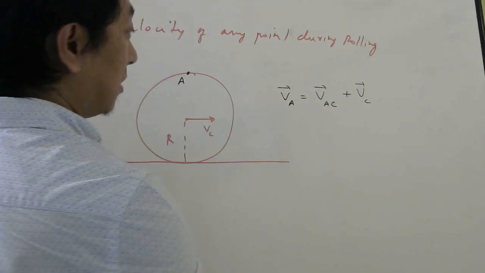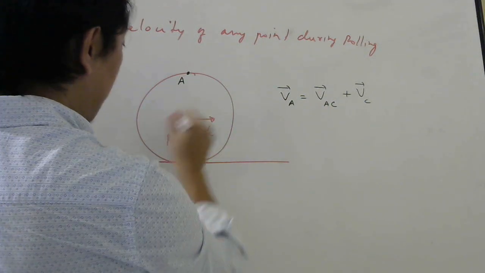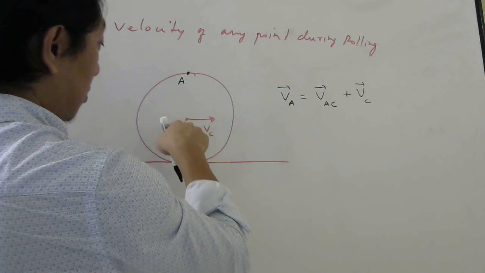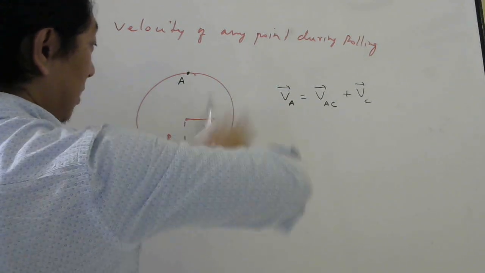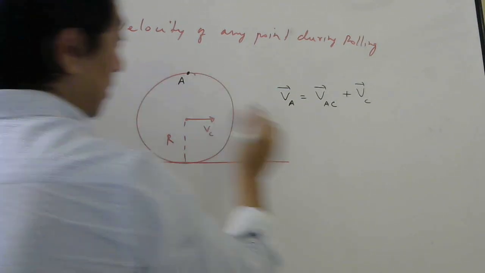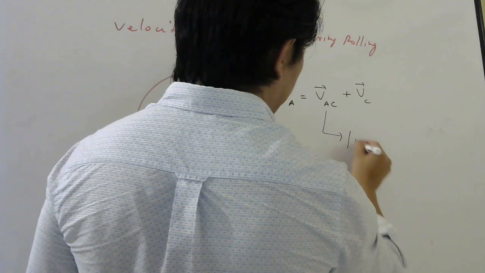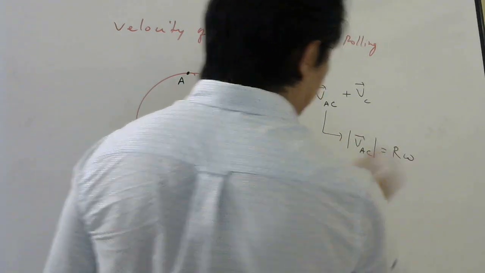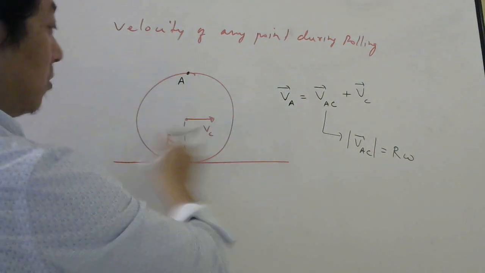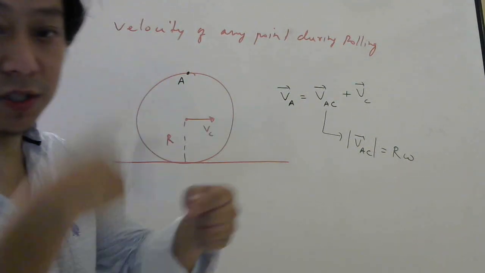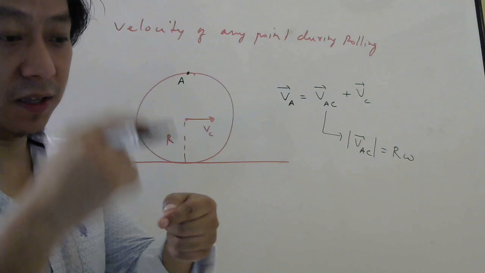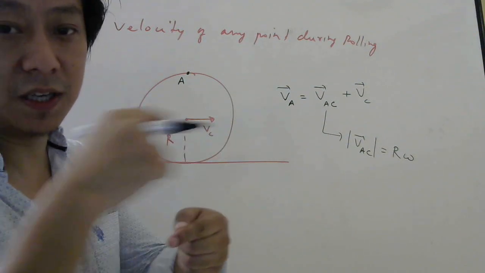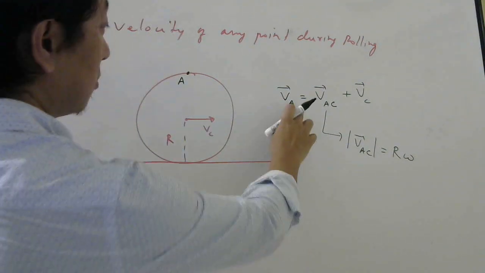If you sit in the center of mass, then every point is going in a circle, because with respect to the center of mass, the whole thing is performing pure rotation. So the magnitude of this will always be r omega, because it is performing circular motion. In circular motion, if you sit at the center, every point will have a linear velocity r omega.